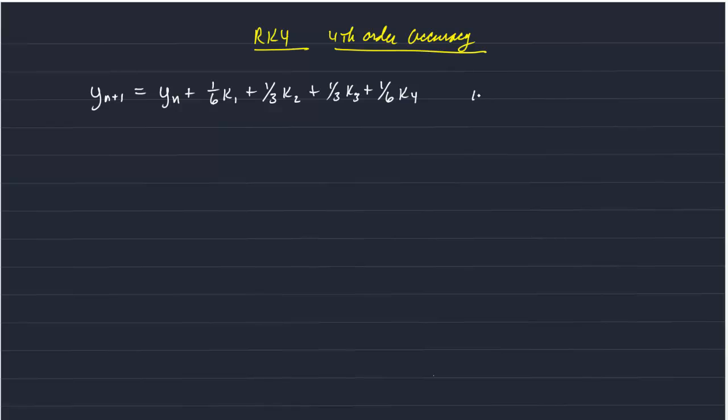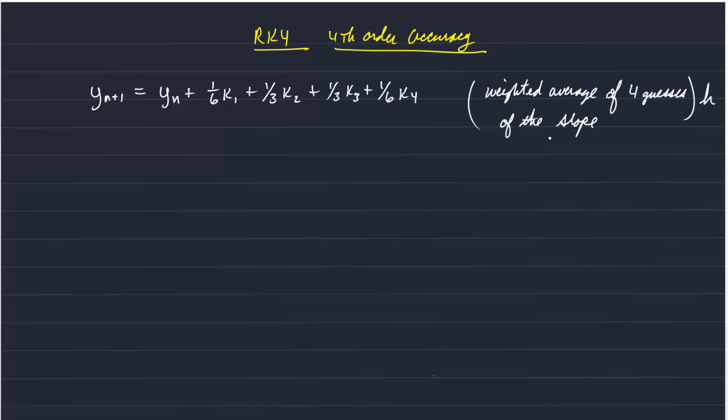So this is a weighted average of 4 guesses or estimates of the slope, and that's all multiplied by h.